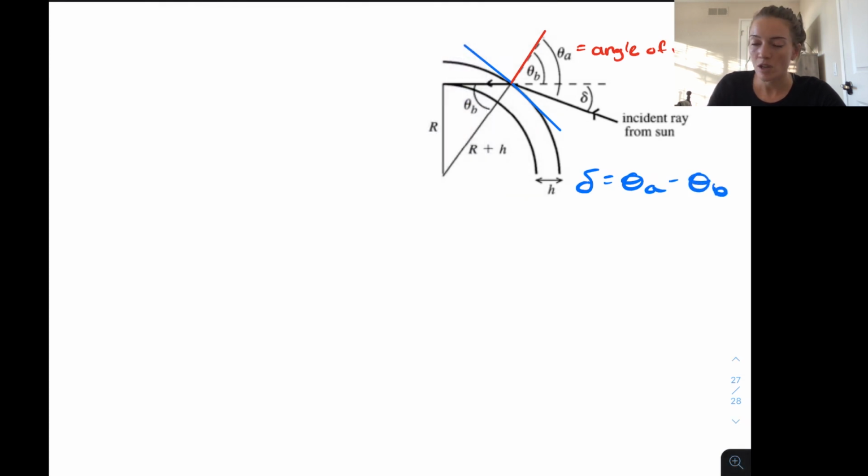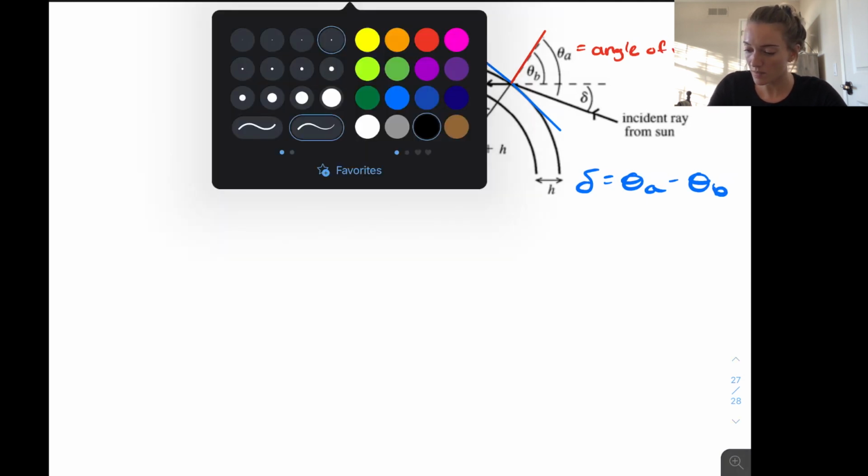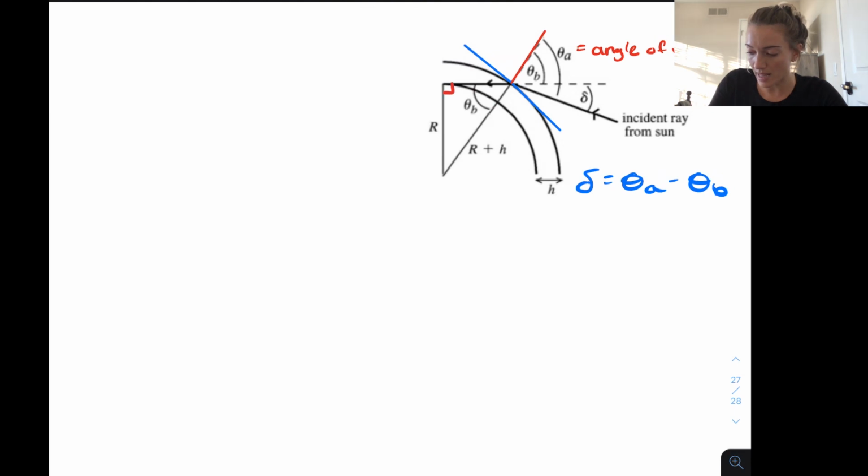So let's first just use some basic trig to find theta B, because we have a nice triangle here, and this is a right angle. So we can just find theta B using just trig. We want to find sine of theta B, and sine is opposite over hypotenuse, right?